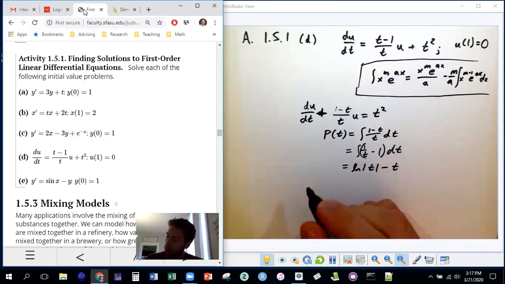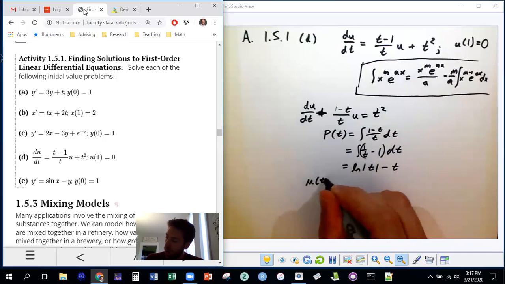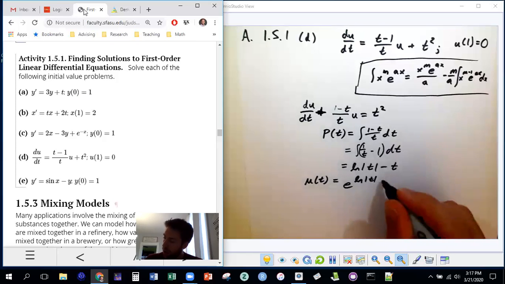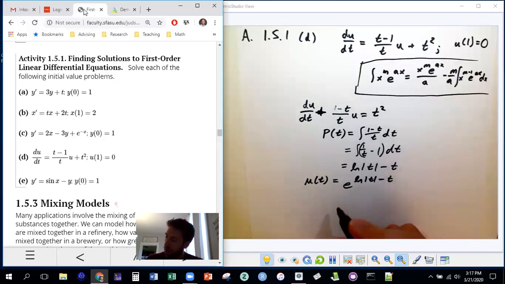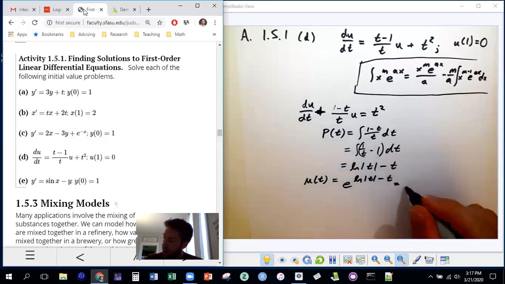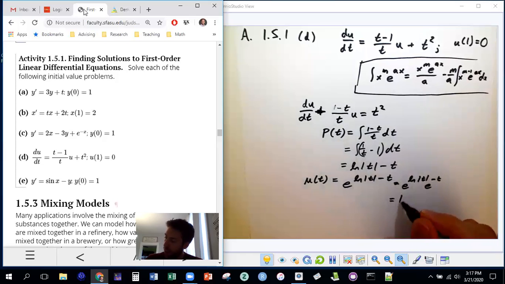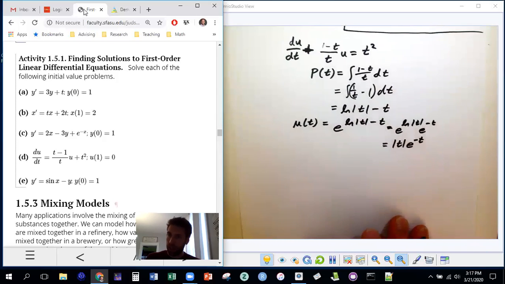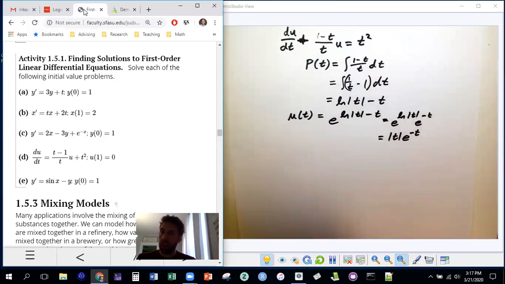So my integrating factor is e to the power of that, ln absolute value of t minus t, which equals e to the natural log absolute value of t times e to the negative t, which is absolute value of t times e to the negative t. That's our integrating factor.